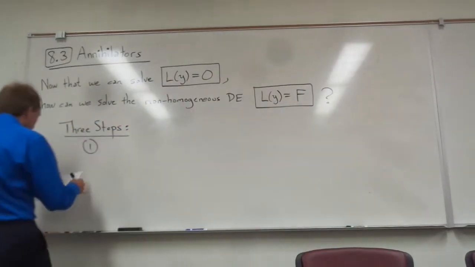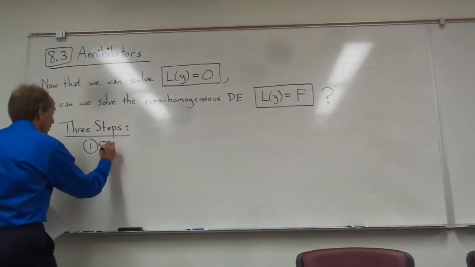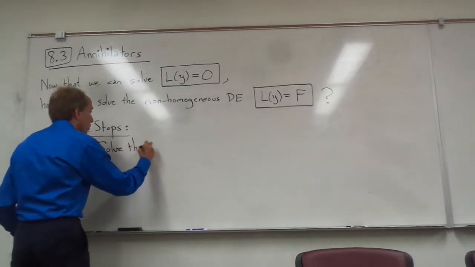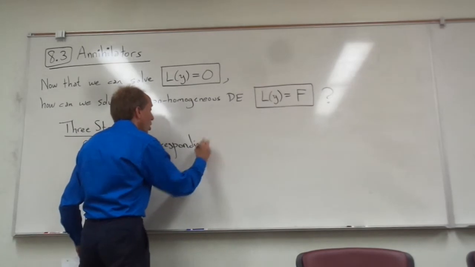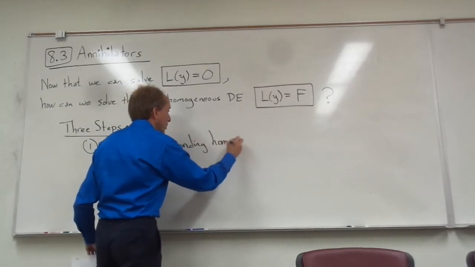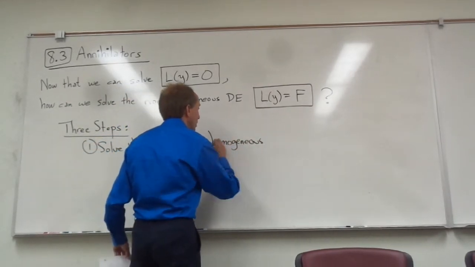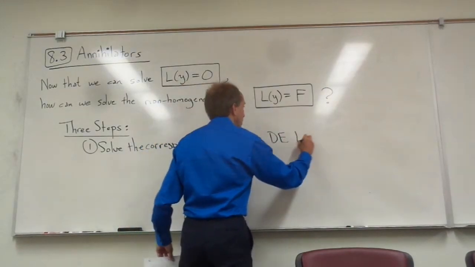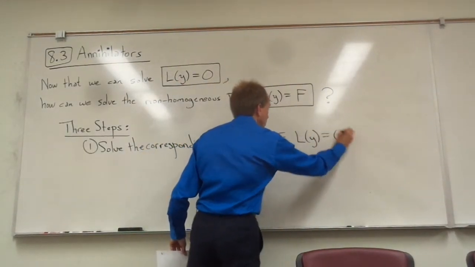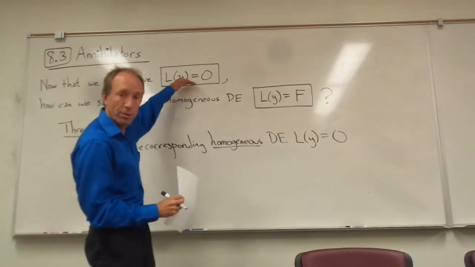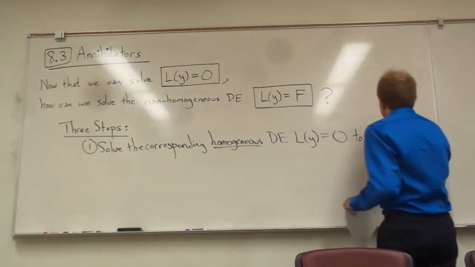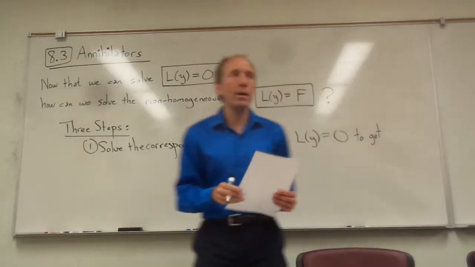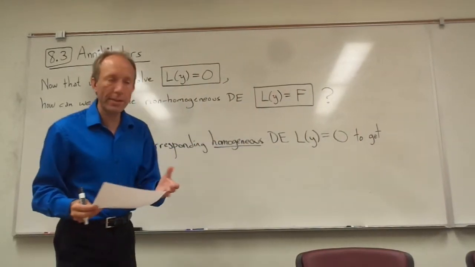So we're going to solve the corresponding homogeneous differential equation L of y equals 0. So the original homogeneous differential equation. And the solution that we get to that, we've been writing that as y of x in class.